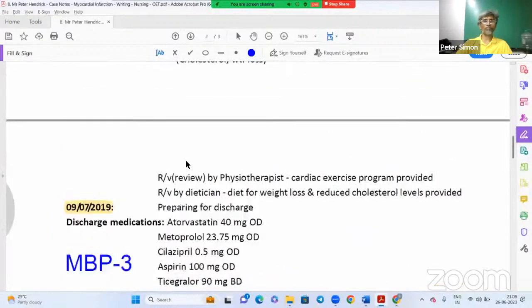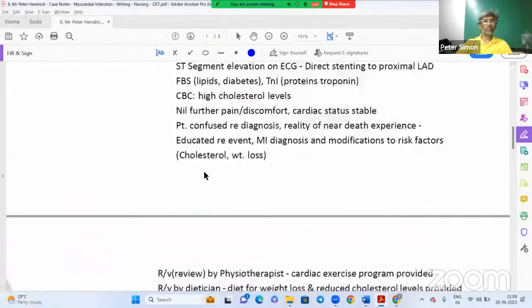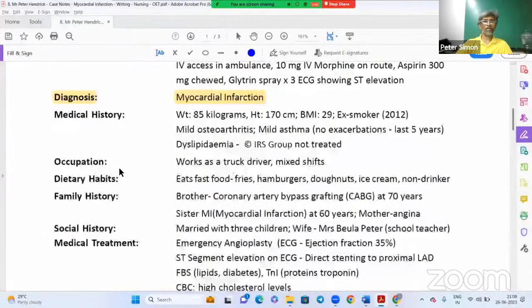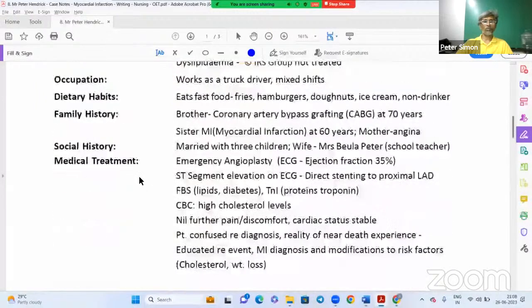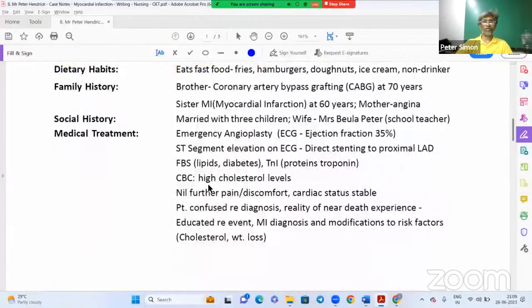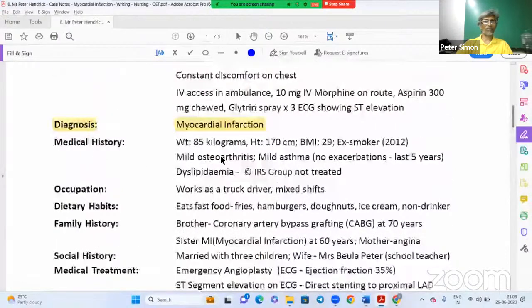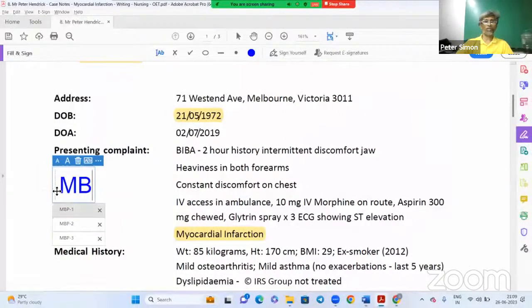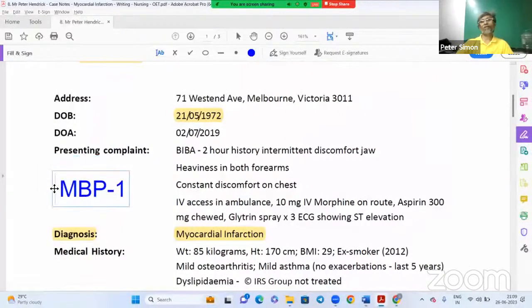Then here, this is medical treatment. So social history and medical treatment, diagnosis, medical history, occupation, dietary habits, family history, social history, all these things. So we don't have a presenting complaint. Okay, presenting complaint. So this is upon admission, main body paragraph 1. You can take this main body paragraph 1.